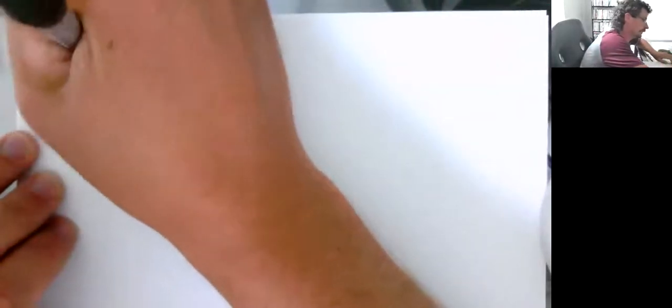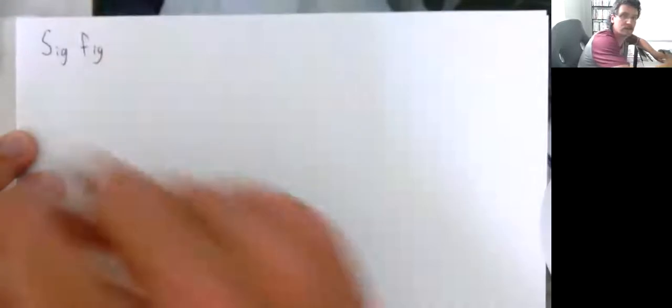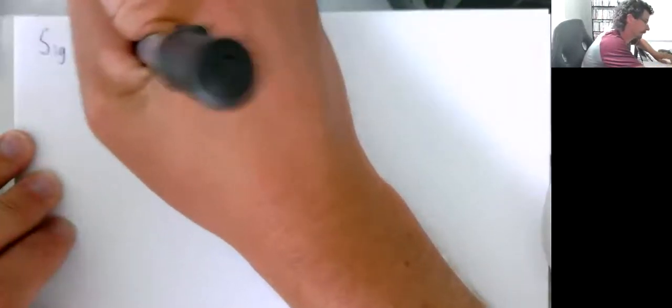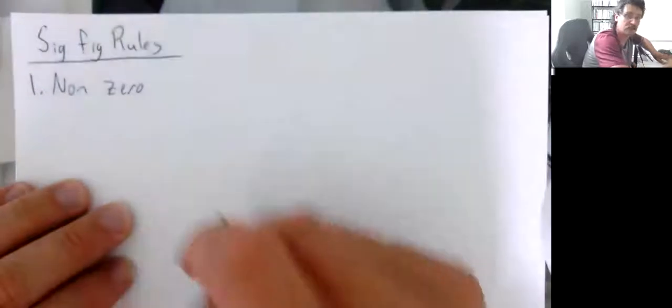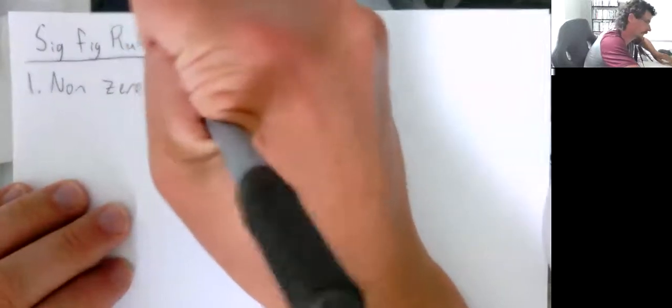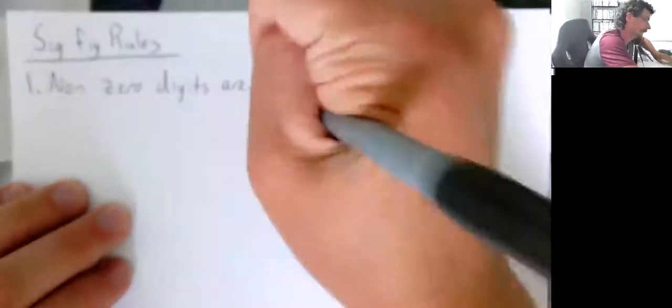There are some basic rules that are followed when determining the number of significant figures. We're going to shorten significant figures to sig figs, and we're going to state the rules. The very first rule is non-zero digits are significant.